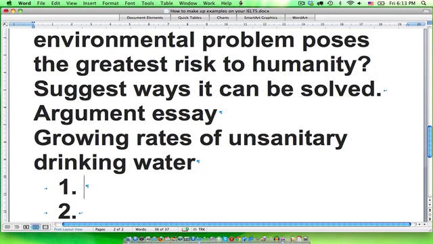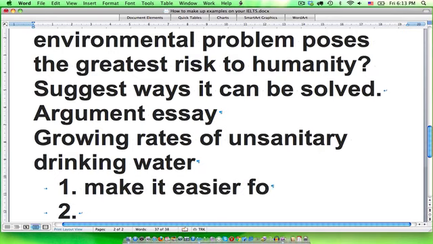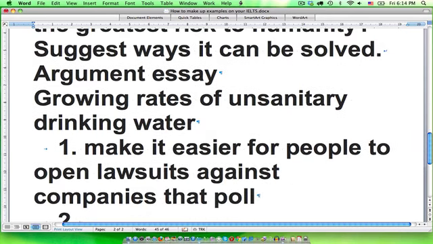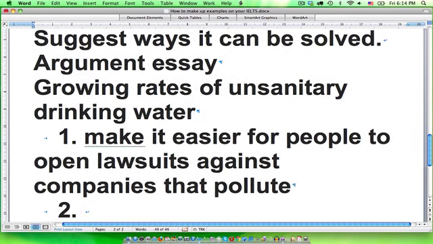Okay, so maybe we could say that that's our first supporting point. So make it easier for people to open lawsuits against companies that pollute.